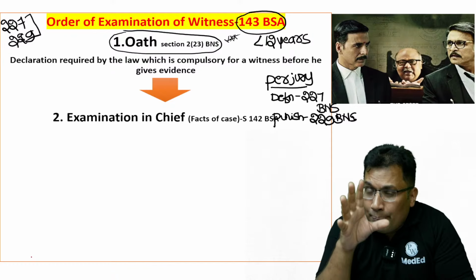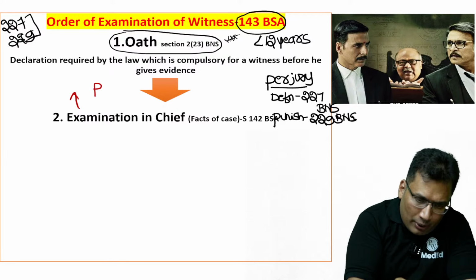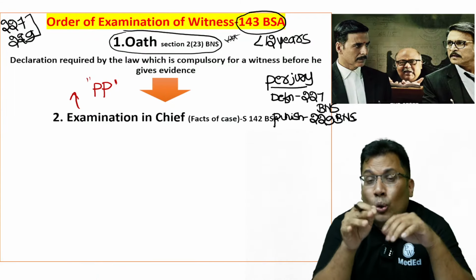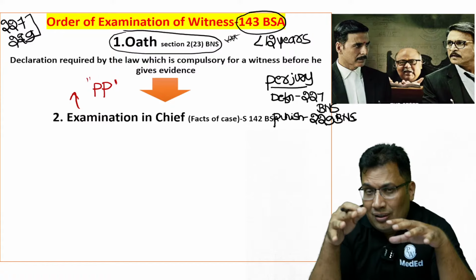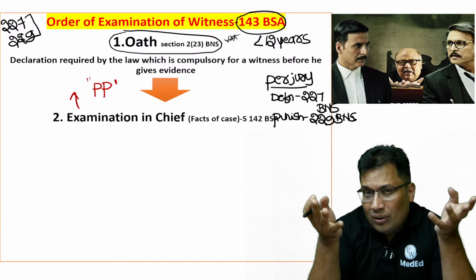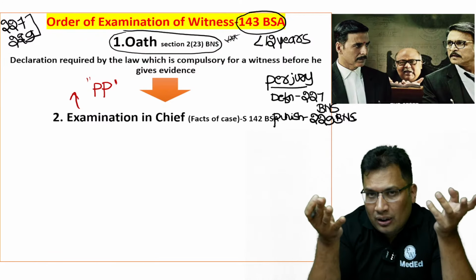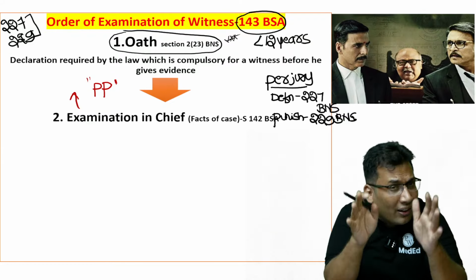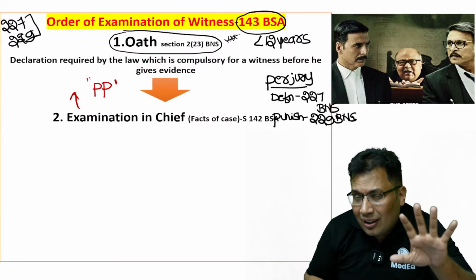It is conducted by the public prosecutor, so you have to remember that. The public prosecutor is going to explain the facts of the case to the court: what happened, for example in rape and murder, what happened that day, how many people were there, what was the weapon used, what evidences and trace evidences we got, and also about the witness. So the public prosecutor, the government lawyer, explains the case to the court.